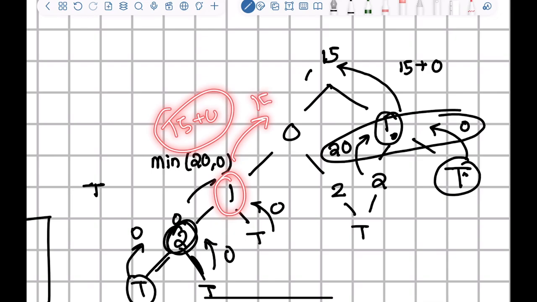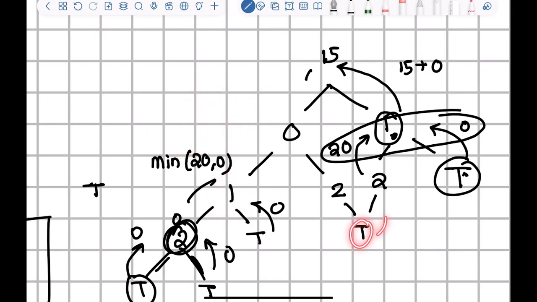I returned 15. From here I returned 0, because obviously there was no other option from 2. So I took this step, so I returned 20 plus 0. So what is the minimum of 20 and 15? It is 15.